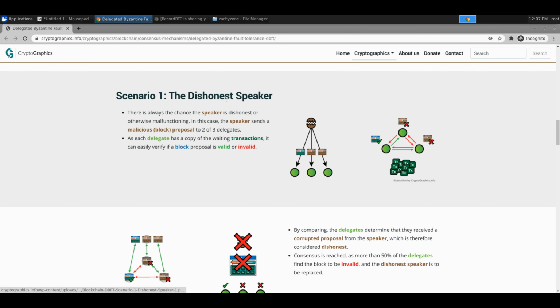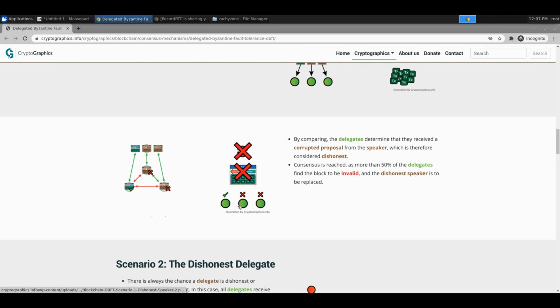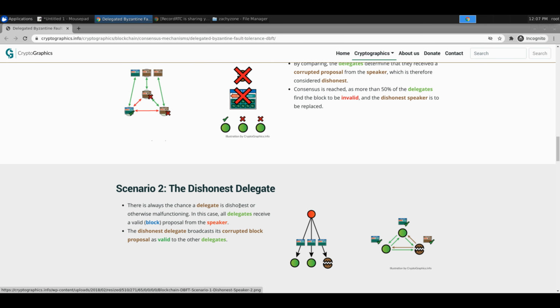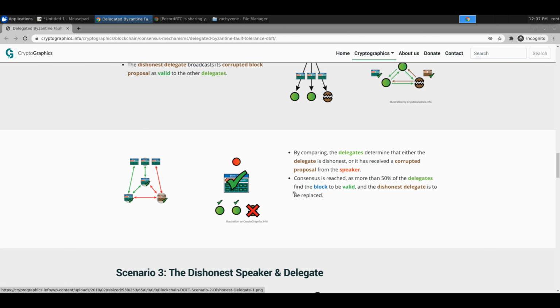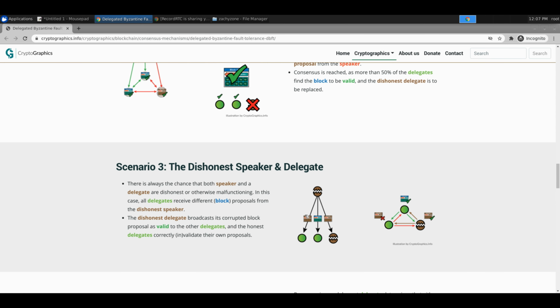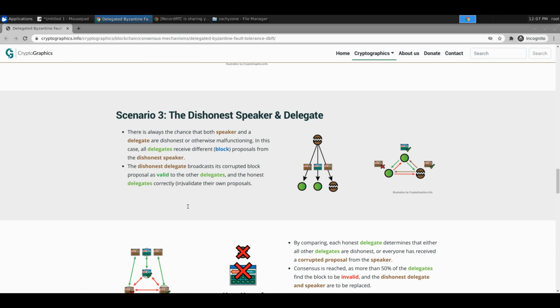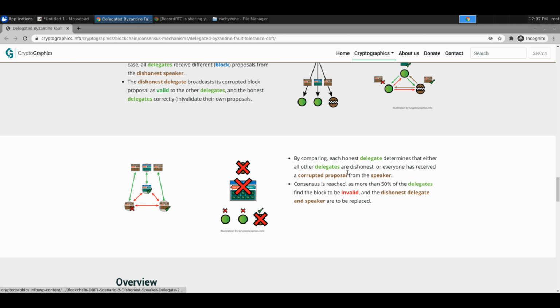And then it just talks about how it's a fall through because of the dishonest speaker, but these three are good. One of these guys is bad, but then these two are good, so it covers it. And then basically the speaker and one of these guys can both be bad, but then these two can cover it.